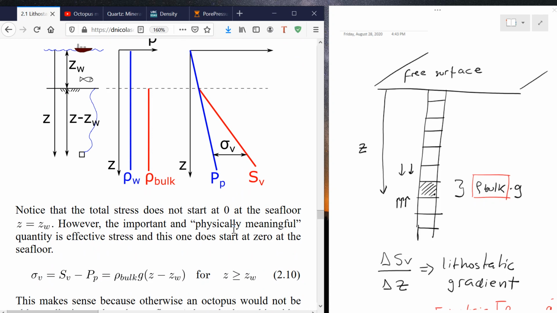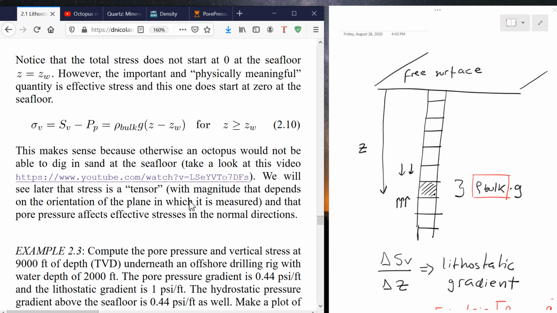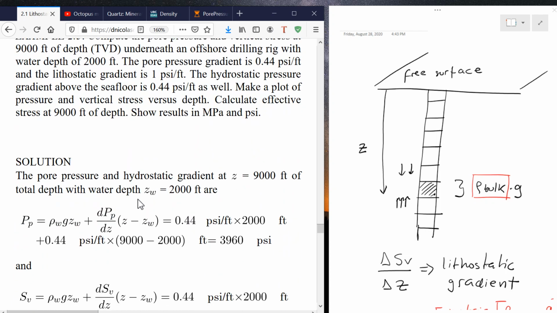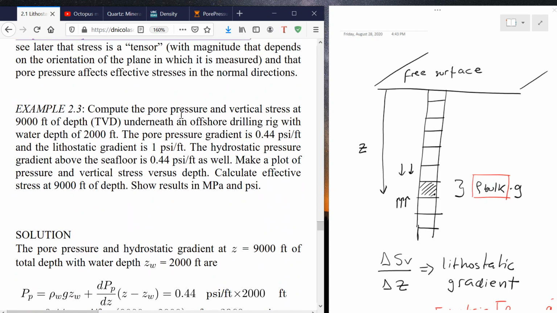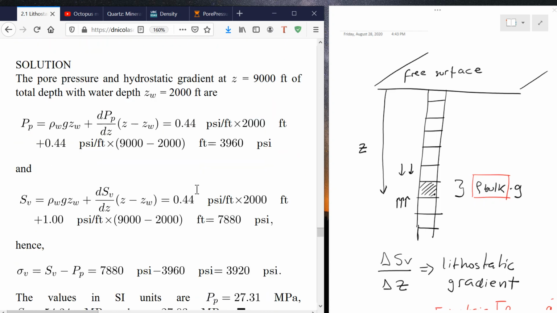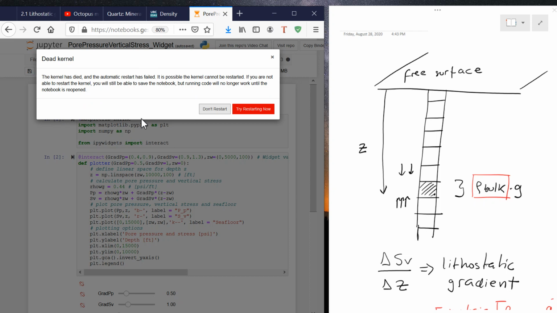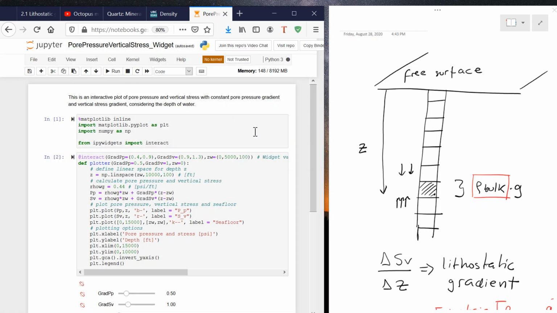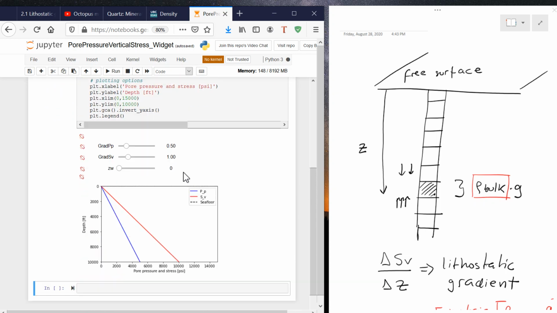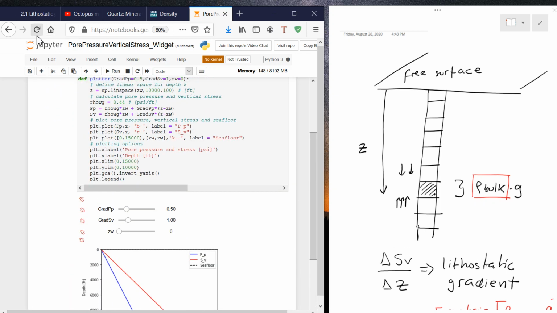All right, so here you have the rest of the equations and also an exercise to compute pore pressure and stress in offshore conditions. There is one more thing I would like to share with you in this video, and it is this example here, at the bottom, which is a calculator of pore pressure and vertical stress.